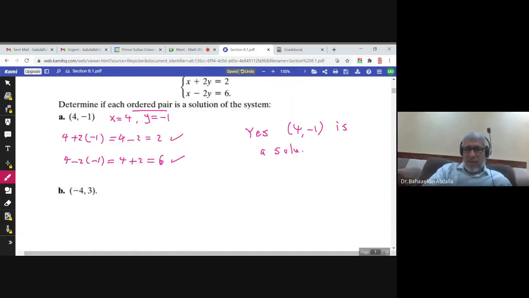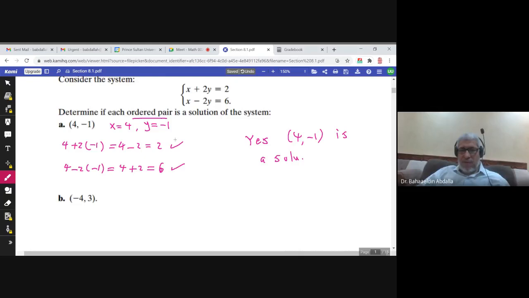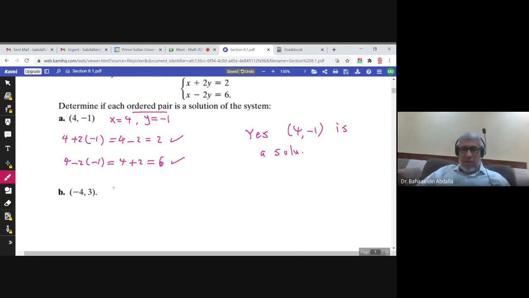What about -4 and 3? Is it a solution of the same system? Let us replace x by -4 and y by 3. In the first equation, we will have -4 plus 2 times 3. This is -4 plus 6 equals 2. So the first equation is true. Let us check the second equation. x minus 2 times y is -4 minus 2 times 3.